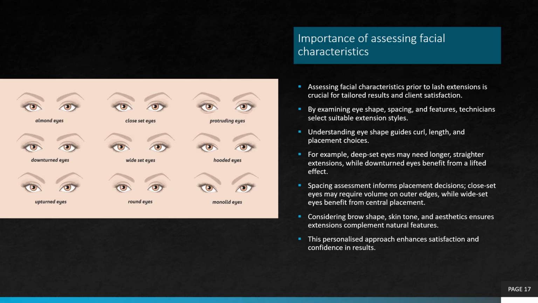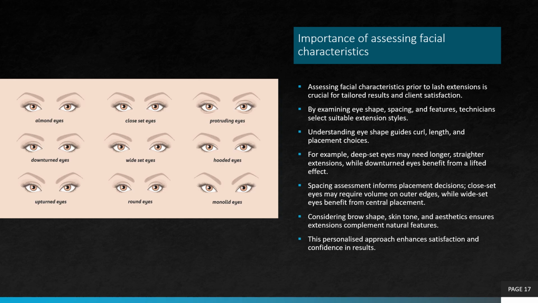Understanding the client's eye shape is particularly important as it directly influences decisions about the curl, length and placement of the extensions. For instance, as discussed, deep-set eyes might require longer and straighter extensions to enhance their appearance, while downturned eyes could benefit from a style that lifts and opens up the eyes.